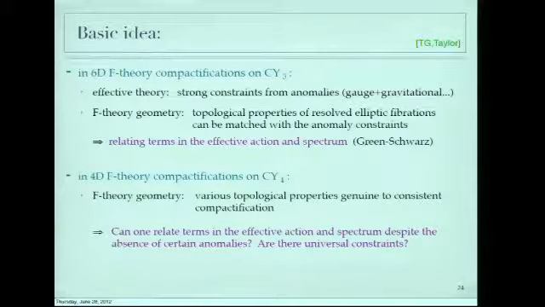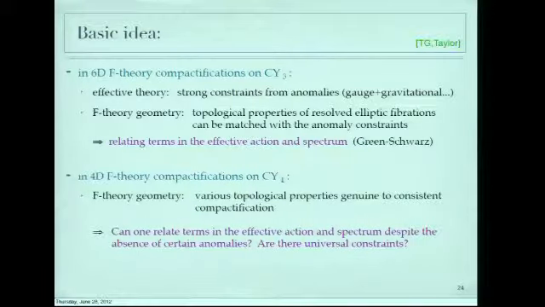You don't even have to take a limit. You can actually do the match precisely between M theory and F theory. But so you have strong constraints from anomalies in the effective theory. To what do these constraints map? Well, they map in F theory to the geometry of the internal space.